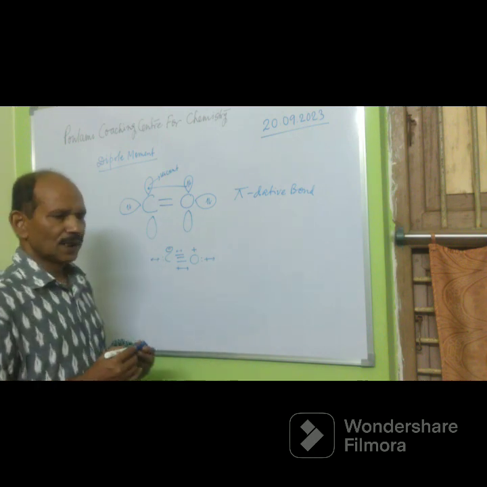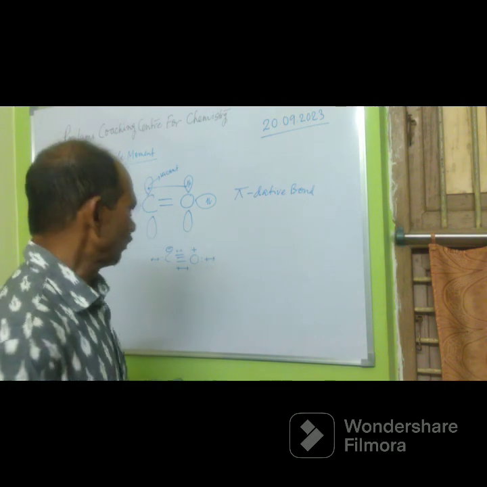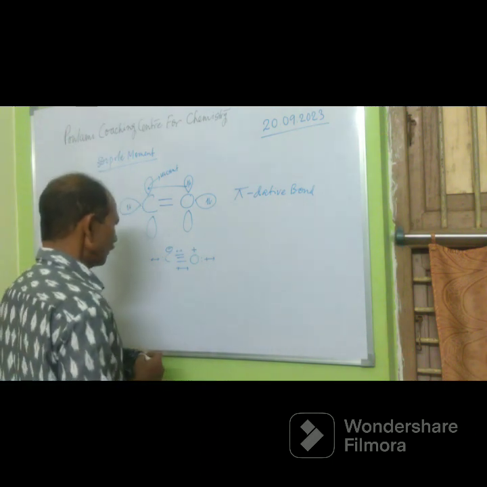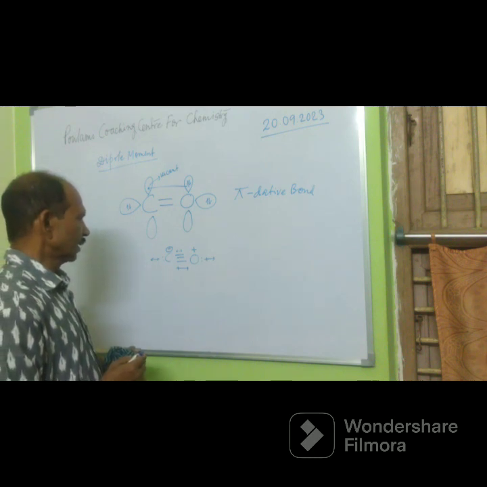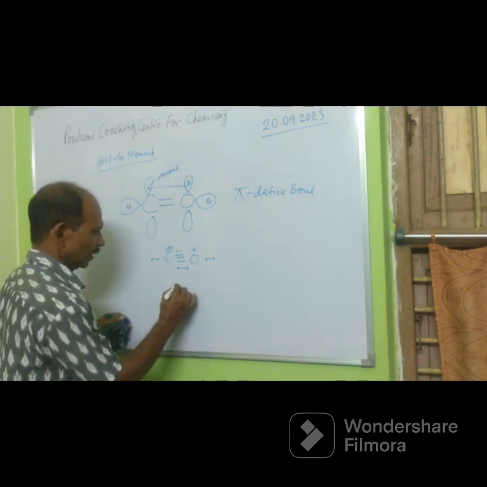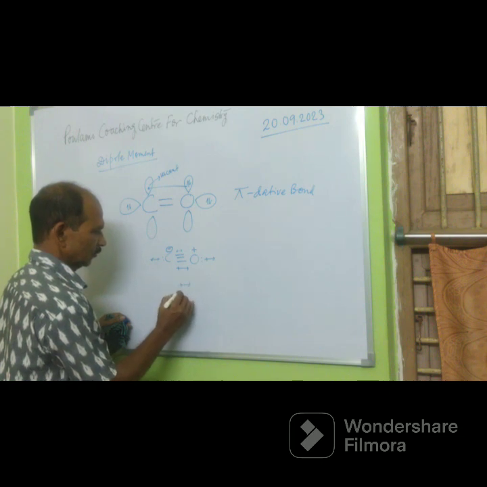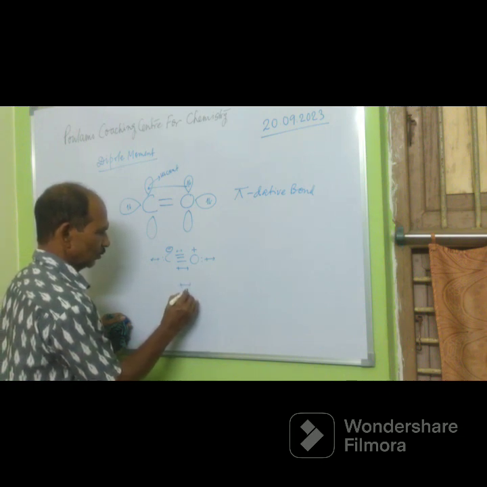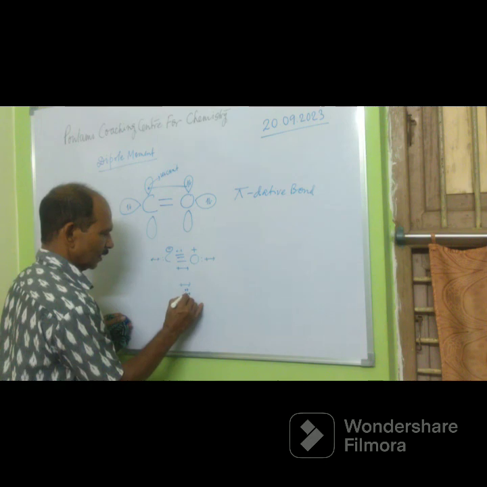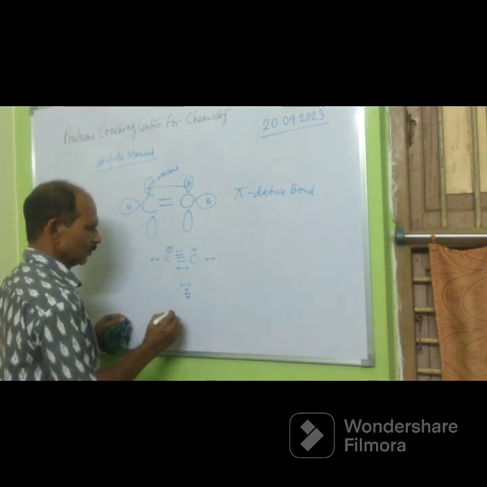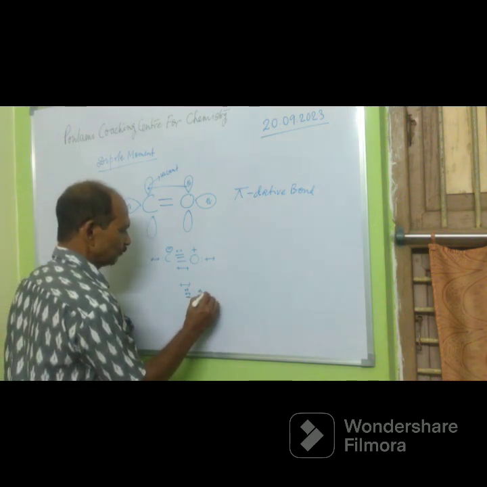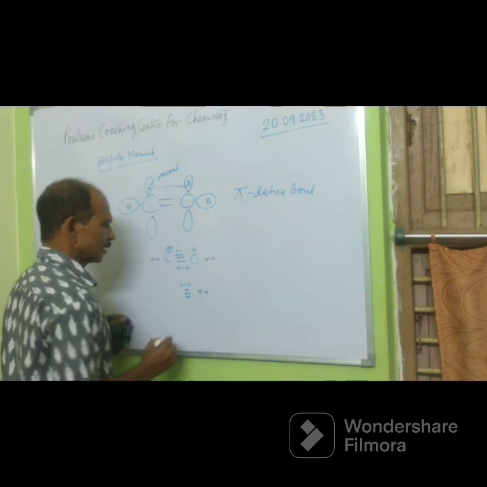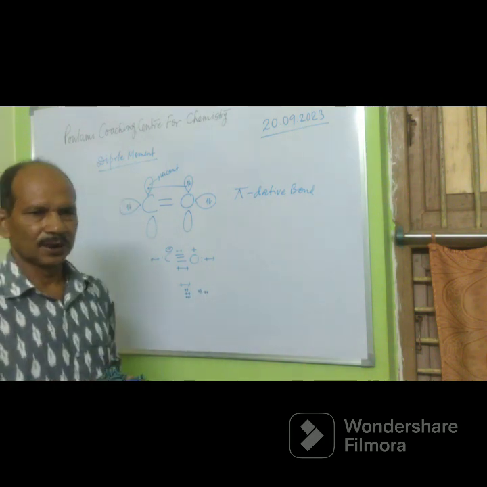So, here are several factors. Counting all these factors, we get the result like this. Look at the result. There are 1, 2, another 1, another 2. Okay. So the resultant dipole is very, very small towards the oxygen atom from the carbon atom.